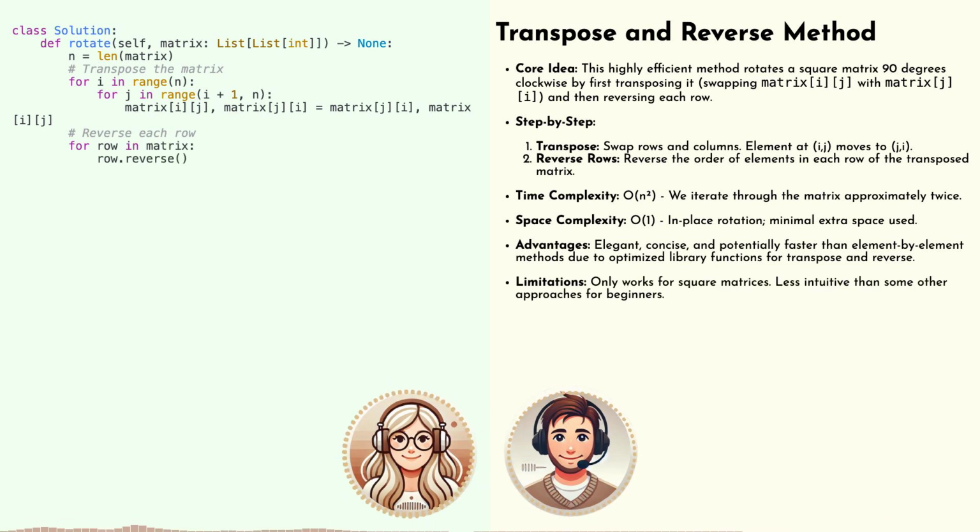It's like picking up each little pixel and moving it to its new spot based on that 90-degree turn. It'll work for sure, but it needs a ton of extra memory to store that whole new matrix, because we're essentially duplicating it. That's not very efficient, especially for those really big images, and it could become a real problem.